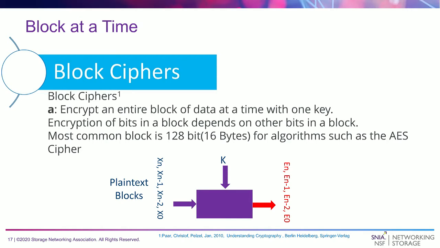Basically, you will have these multiple blocks that go through individual transformations, and you work on these blocks, 128 bits in this case for AES. I'm going to break this down for you.